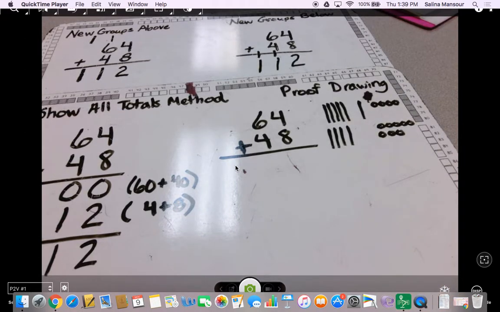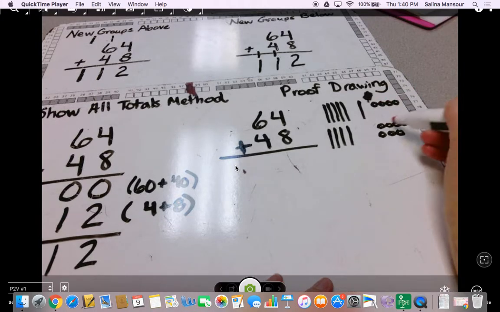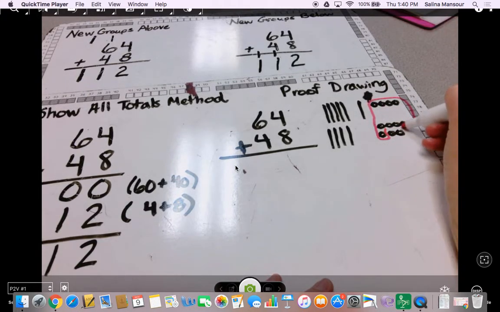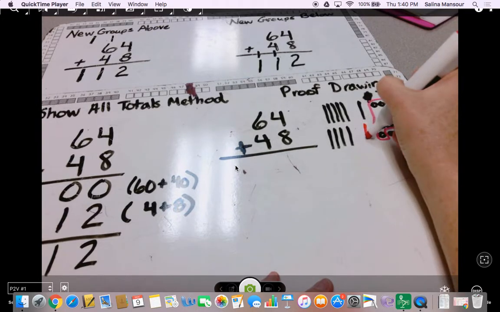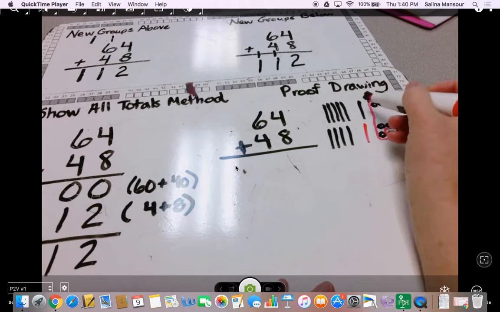So now I'm going to use a different color marker. And first I'm going to look at my ones, and I'm going to ask myself, did I make a new 10? So I've got 4 plus 5 is 9, plus 1 more. I sure did. So I'm going to put a loop around this, and I'm going to draw my new 10. And I could put my new 10 here, or I could put it up here.